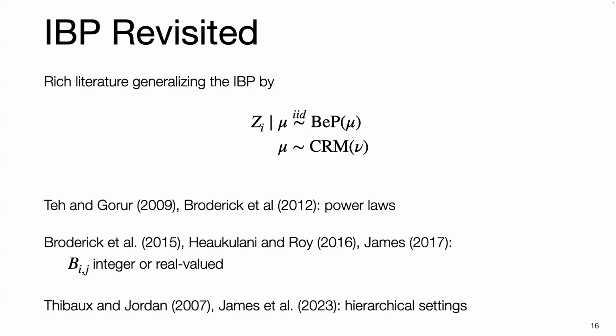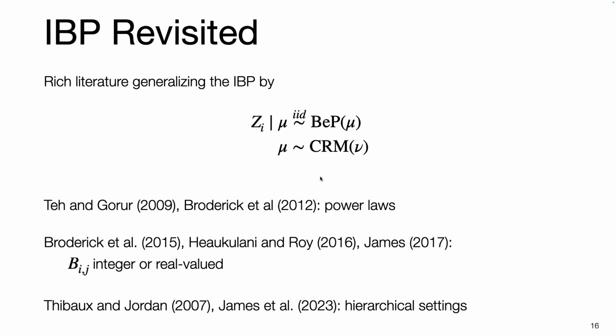Having established this clear connection between feature models and Bayesian nonparametric models, it's clear that one can generalize the Indian buffet process by changing either the likelihood part or the prior part. In particular, if we choose carefully the Levy measure of this completely random measure, then we can have models that exhibit power laws in both the number of distinct features that are chosen and the number of customers that select each dish.